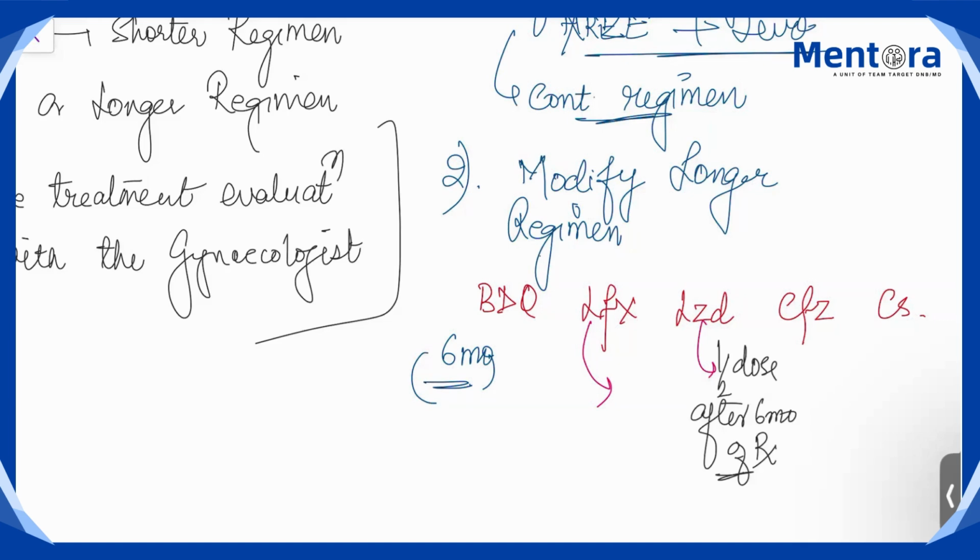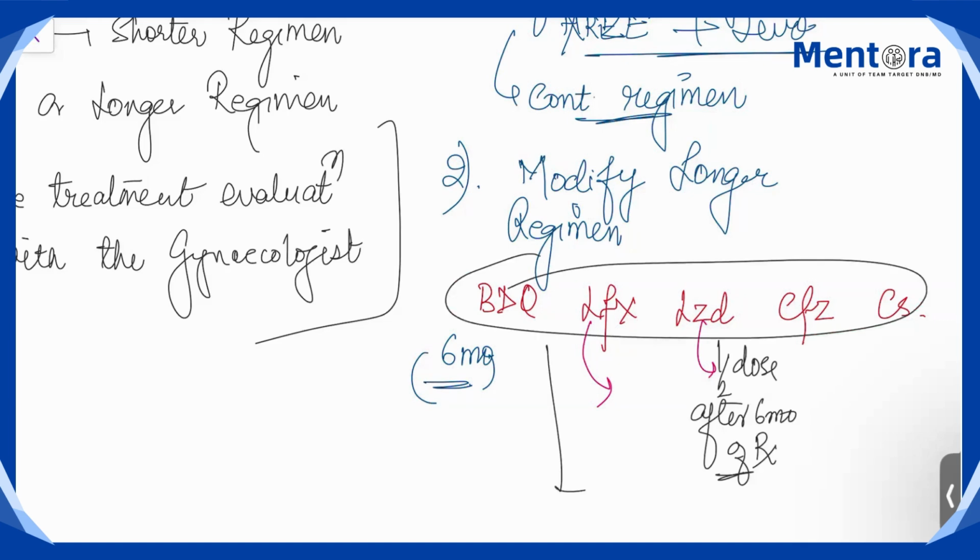Okay, and if any of the drug is not tolerated by the patient, if any drug is not tolerating, you can smartly replace the drug with pyrazinamide. If not, then ethambutol. If not, then you can try with PAS.